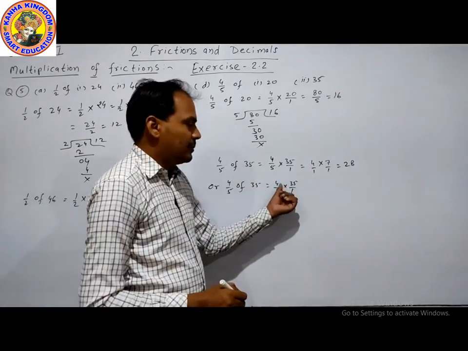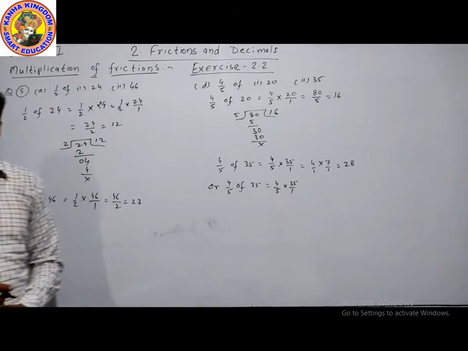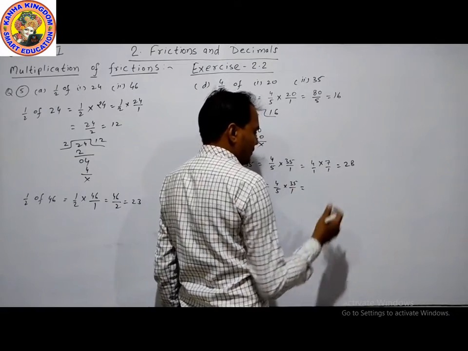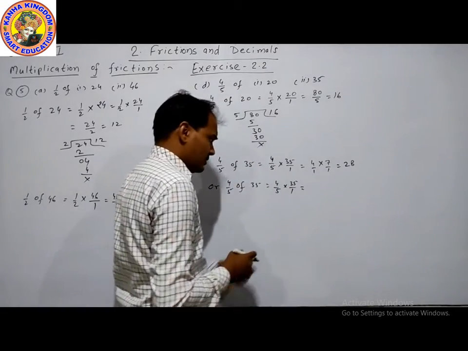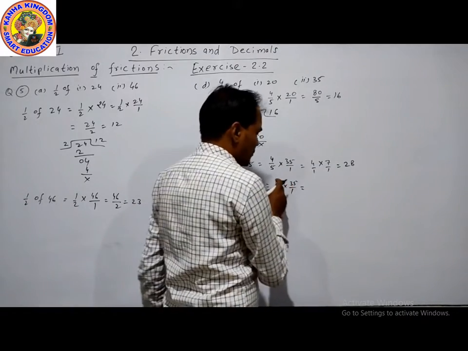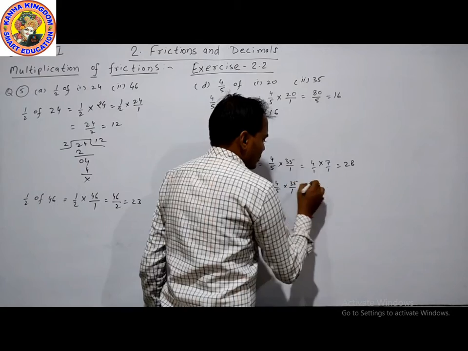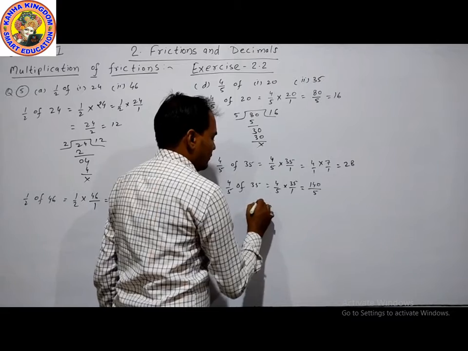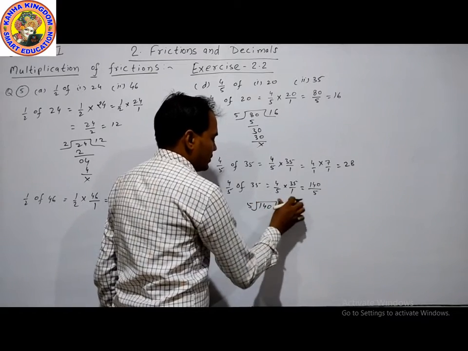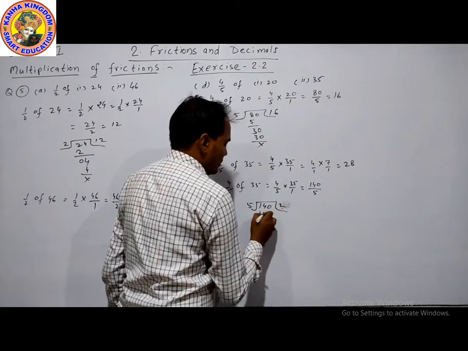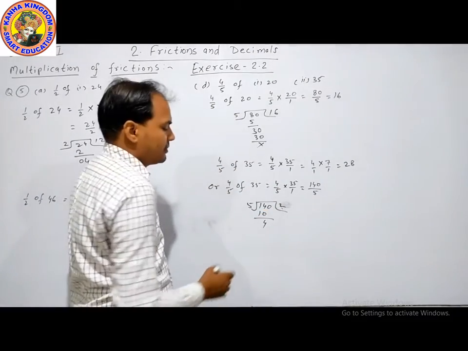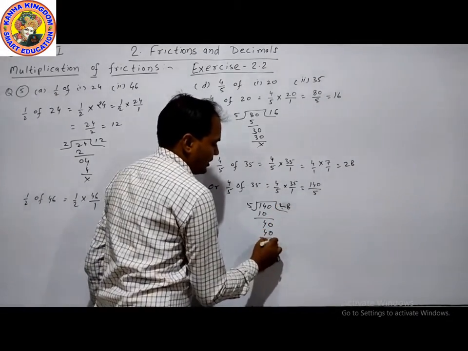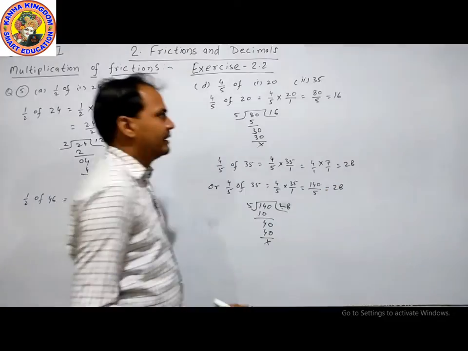Now the multiplication in numerator and denominator will be done separately. 4 into 35, we can check the multiplication in our rough copy. 140 upon 5. 140 will divide by 5. 2 times 5 is 10, remainder is 4, next digit is 0. Now 8 times 5 is 40, the answer is 28.